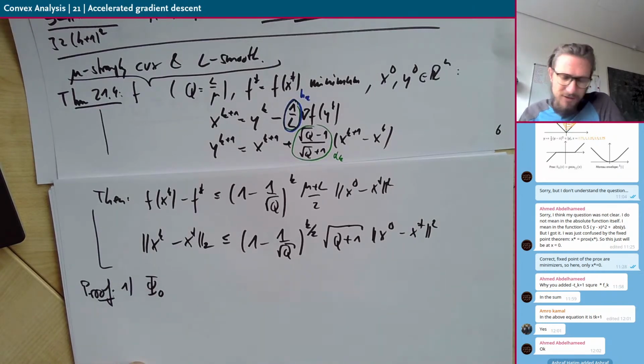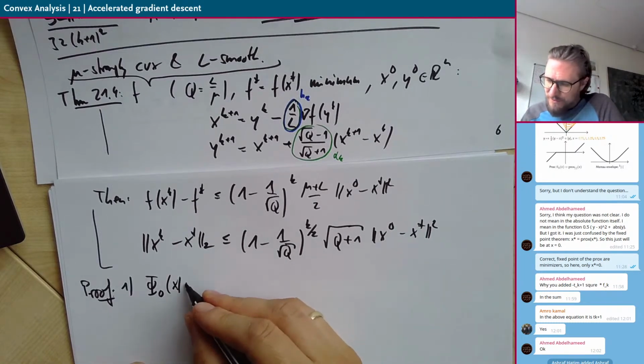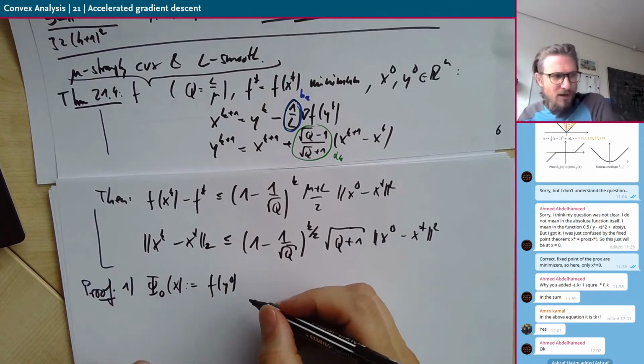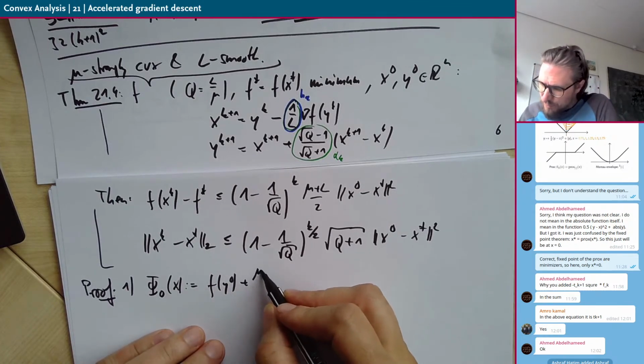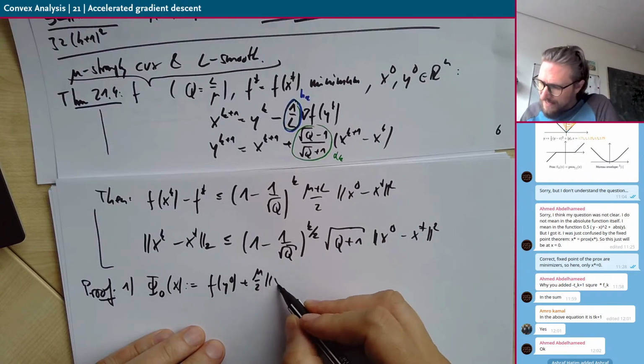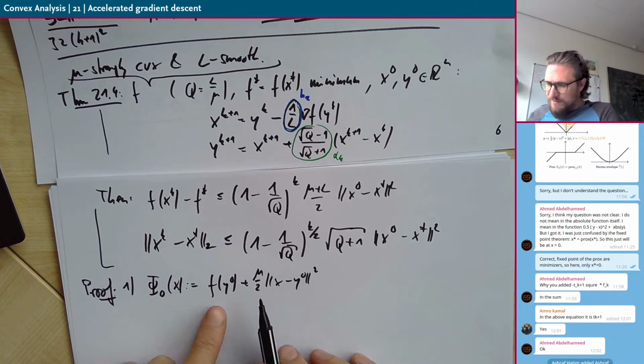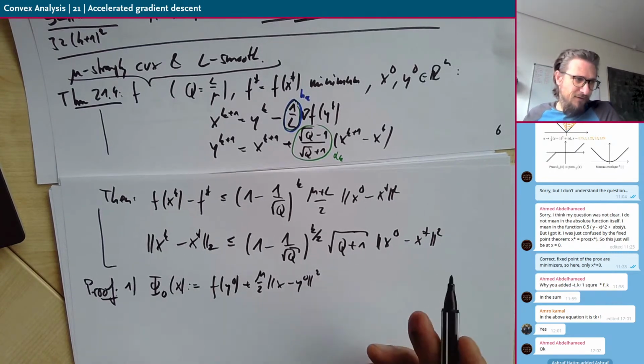The first quantity is that we define auxiliary functions phi_0, a sequence of functions, and we start with f(y0) plus mu over 2 times ||x minus y0|| squared. So it actually is a square function, right? This is just an offset plus a square, so it's a strongly convex function.